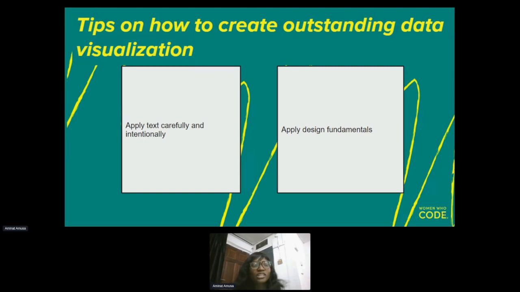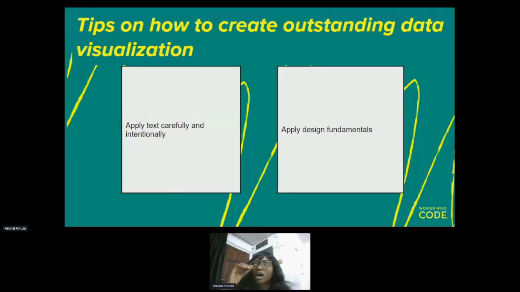But you have to keep design thinking fundamentals at the back of your mind. One of the rules of design thinking is putting your audience at the forefront. You are considering your audience when you present your visuals or your data.